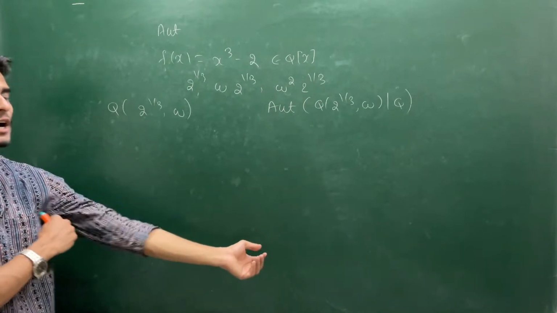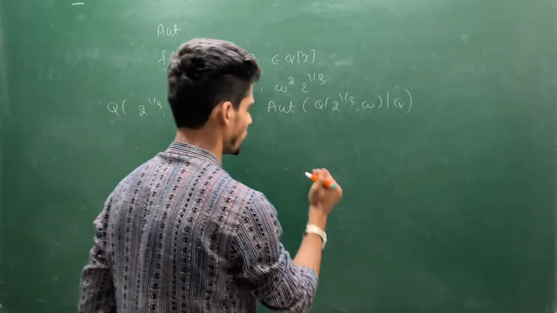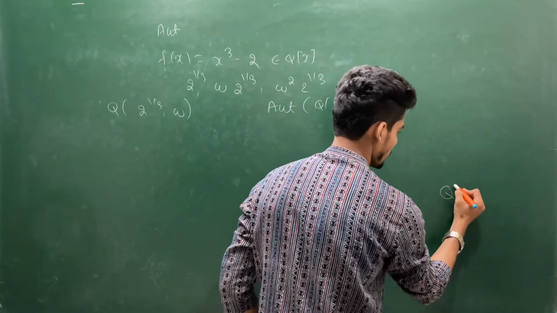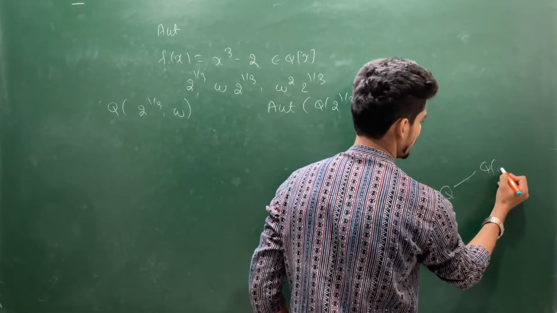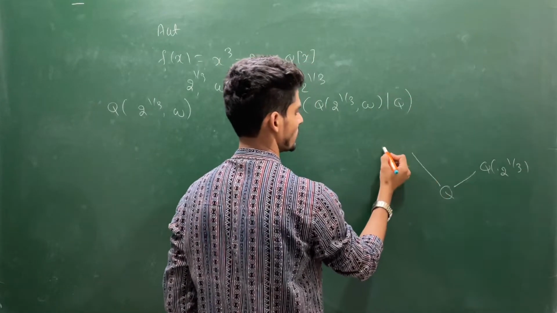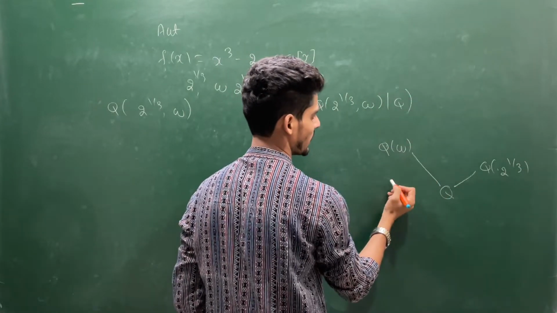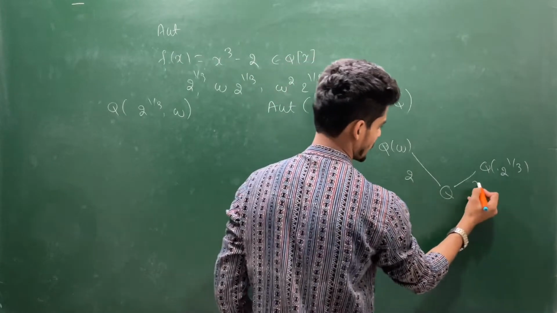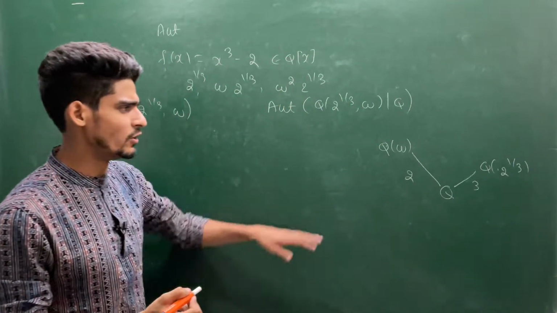Let's observe what can be the order of this group. See, this is Q adjoin 2 power 1 by 3, and this is Q adjoin omega. This is a 2 degree extension, and this is a 3 degree extension, which we know from basic field theory.